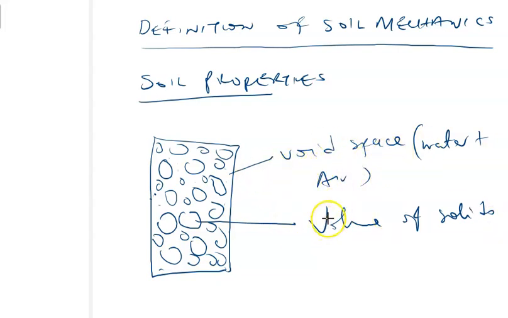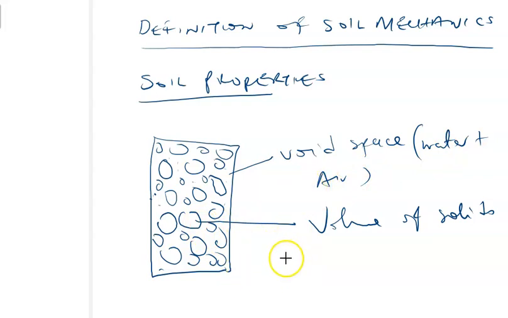So we're going to look at the relationship between these. How do we express them in terms of the relationship? Here we have talked about the voids being occupied by water and air, while the other part is occupied by solids.